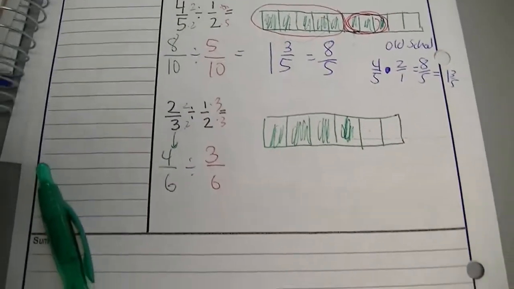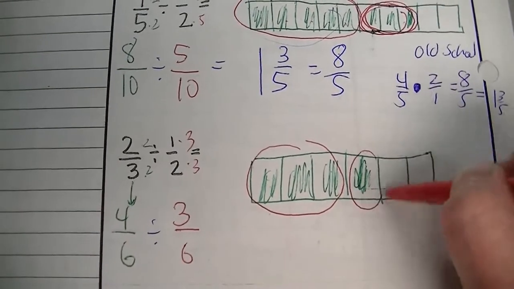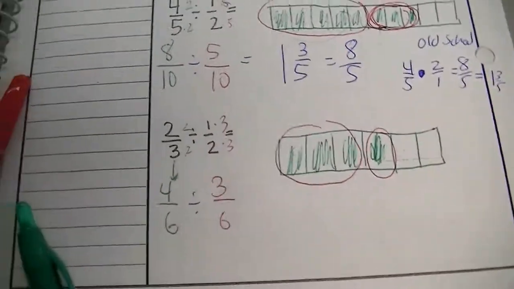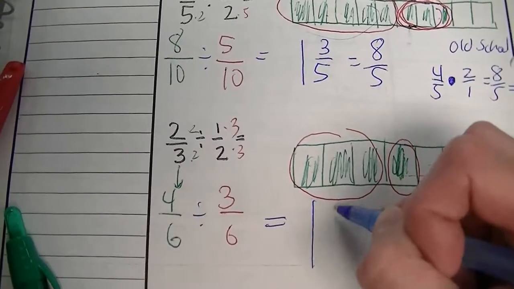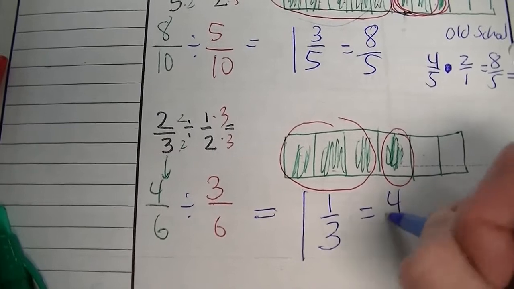Looking for 3s. 1, 2, 3, and then there's just one little one left there. So our answer is 1 1/3, which is also equal to 4/3.